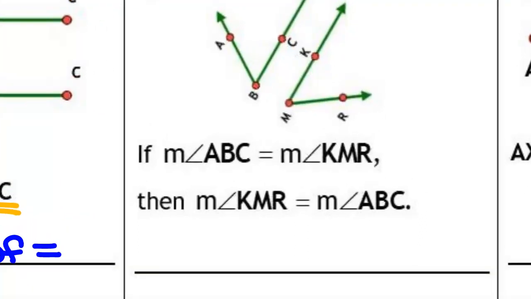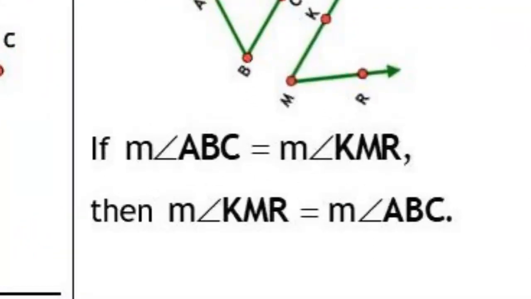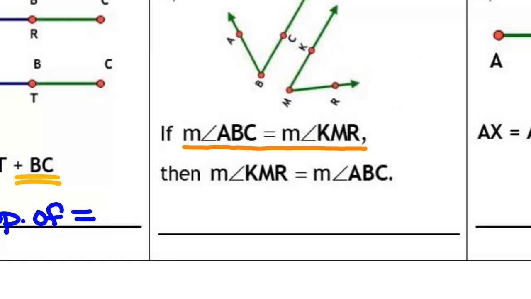All right, now I'm looking in the middle at part B. It says in my if, the measure of angle ABC is equal to the measure of angle KMR. What changed between my if and my then? They switched it around. What did I say that was called?